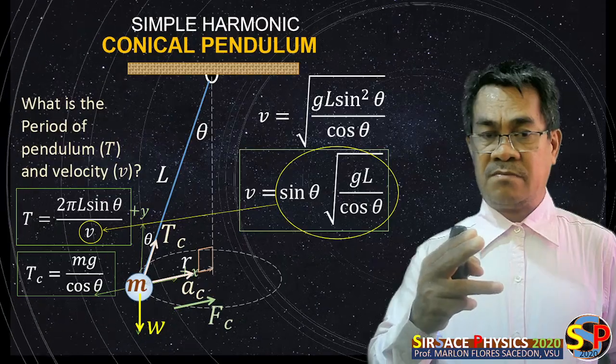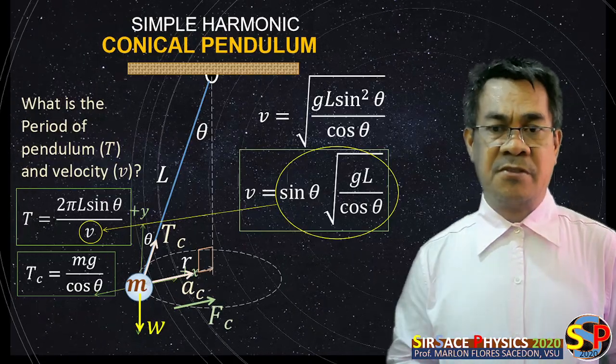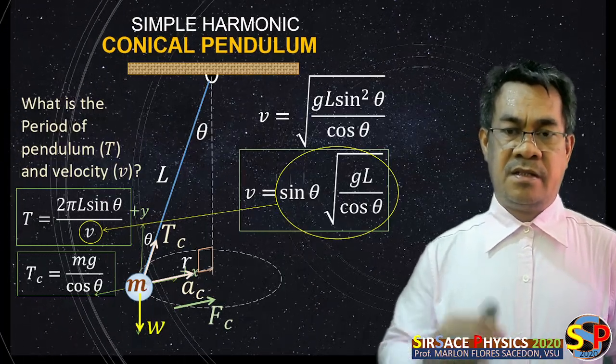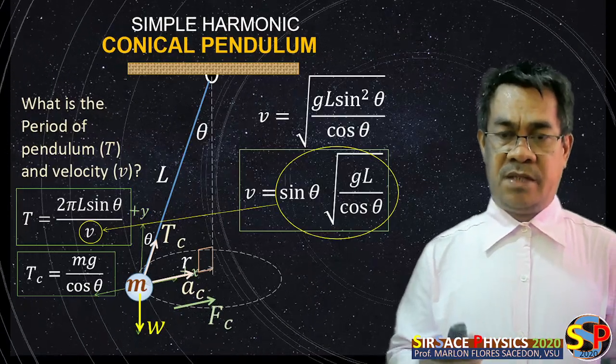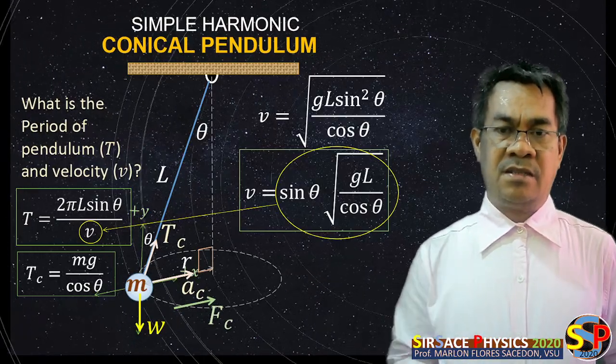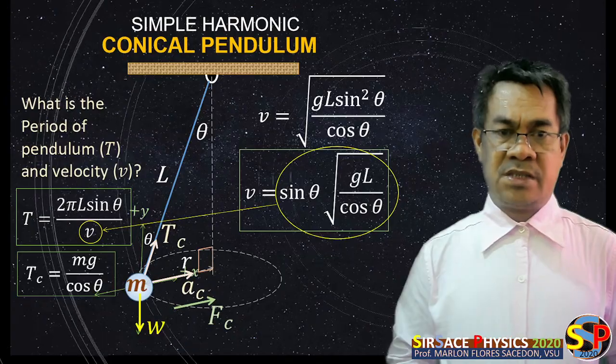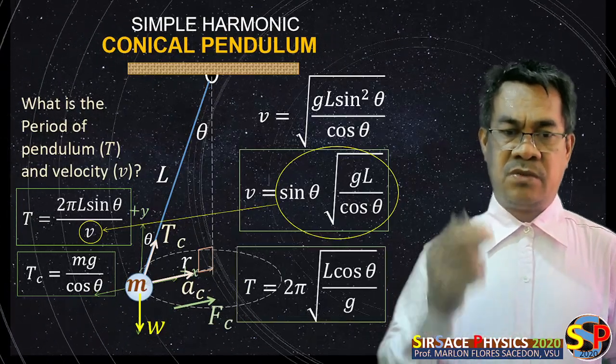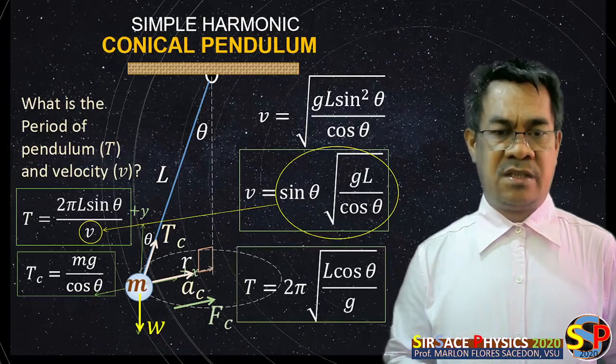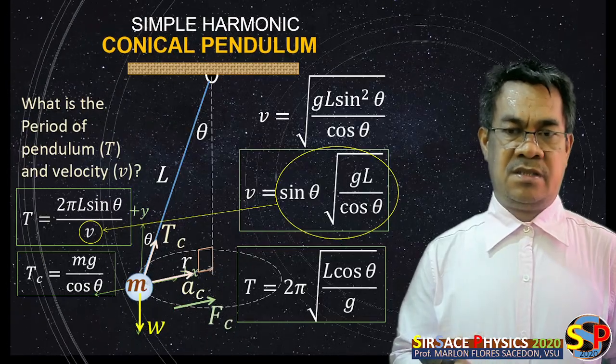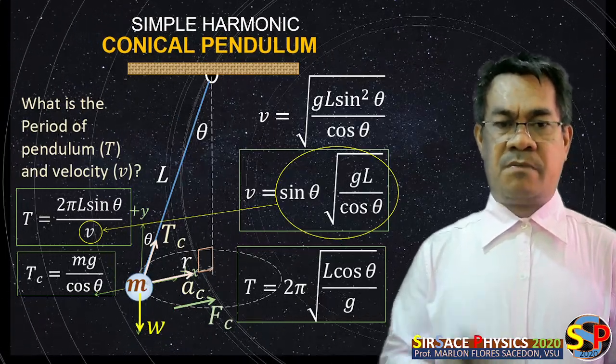Look at the possible result. Sine theta will be cancelled out. Then combine the like terms, meaning if you fuse the L, then the result becomes what? The result becomes 2 pi square root of L cosine theta over g. So use your algebra power.